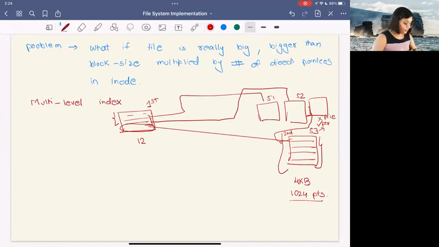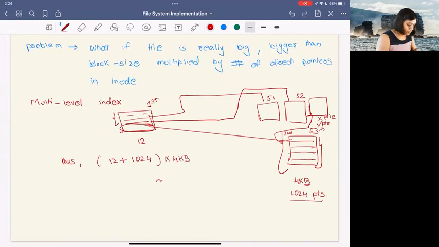So in total, the maximum file size supported by such a multi-level index is thus increased from just 12 to 12 plus 1024 additional pointers, multiplied by 4 kilobyte.